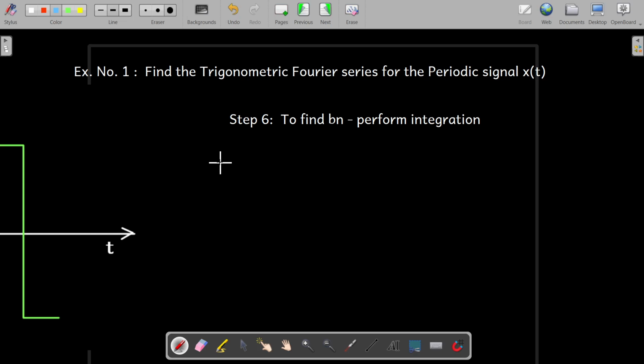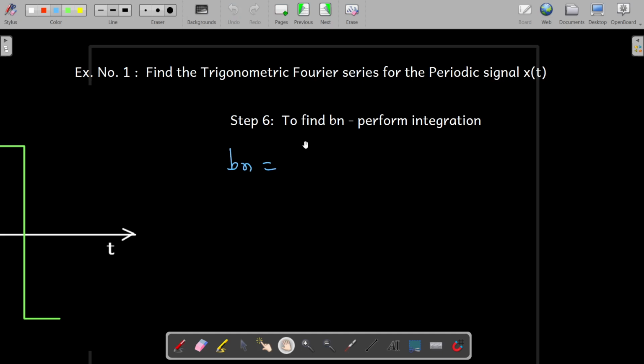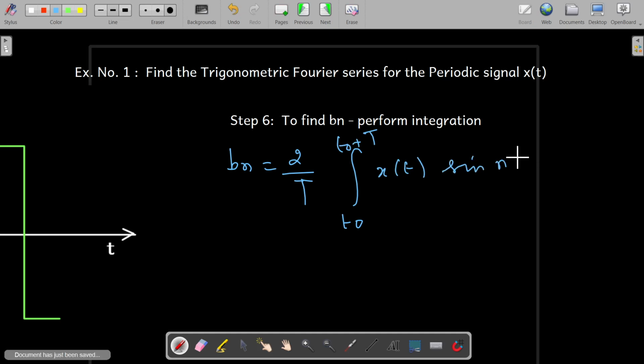So what is it for this bn? bn is equal to 2 by T. What's the general formula? 2 by T integral t naught to t naught plus capital T, this x of t into sine n omega naught t dt. That way we can find out this bn coefficient.